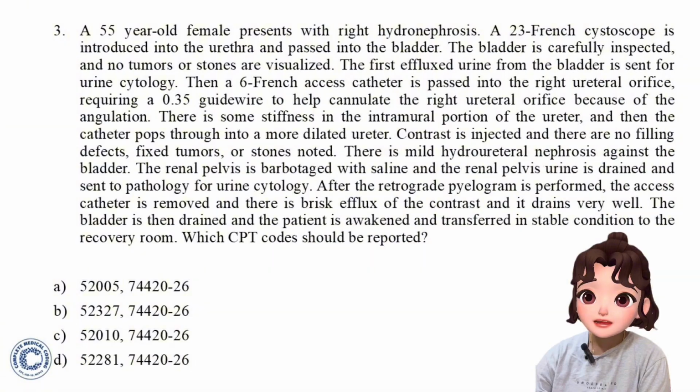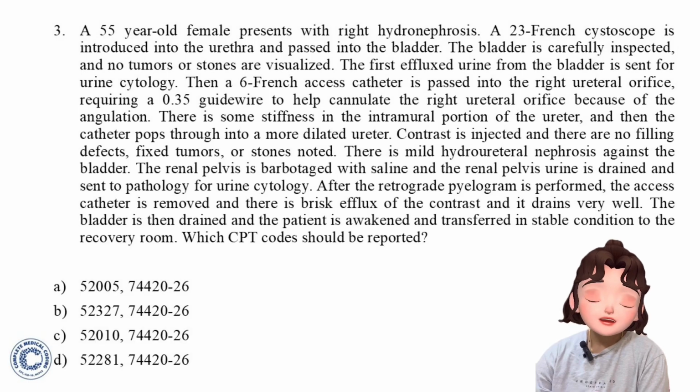After the retrograde pyelogram is performed, the access catheter is removed and there is brisk efflux of the contrast and it drains very well. The bladder is then drained and the patient is awakened and transferred in stable condition to the recovery room. Which CPT codes should be reported?